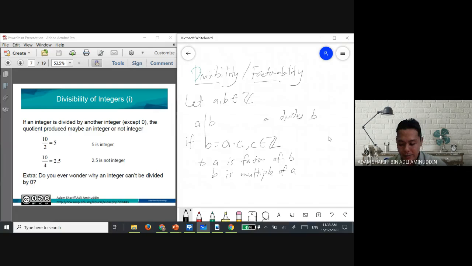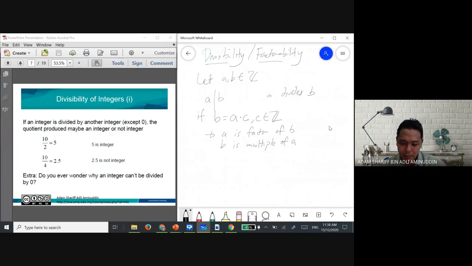In school, you learned that 3 is a factor of 6. But why? If we want to check whether 3 is a factor of 6 or not, it must be made equal as 6 equals 3 times C, where C must be an integer. The question right now is, is C an integer?